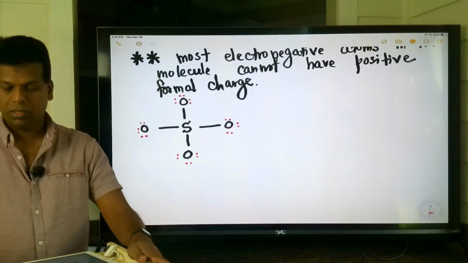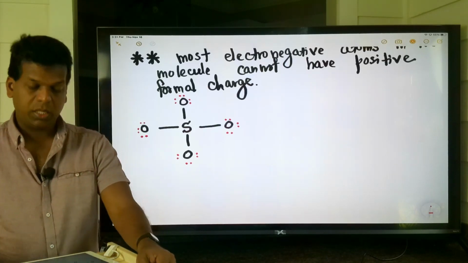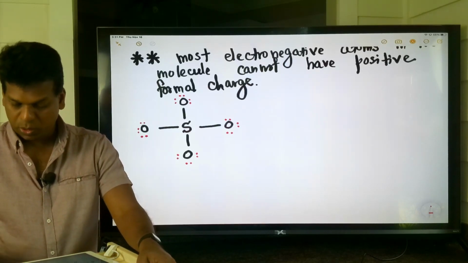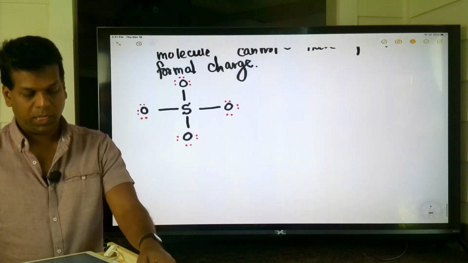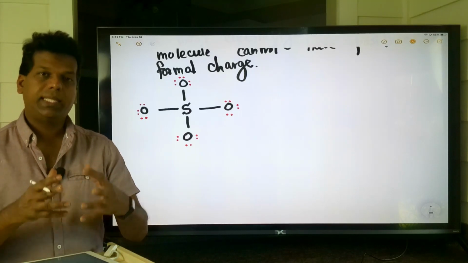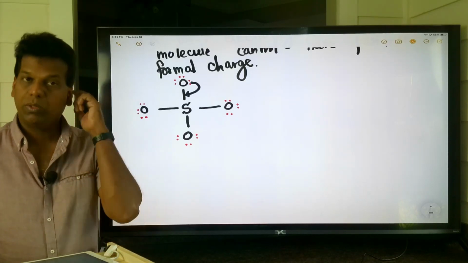The formal charge of sulfur is +2, and we have to get rid of that. To do that, we make double bonds with the terminal atoms. The way you make that double bond is you take one of these pairs of electrons and share it with sulfur. Just give it to the middle.